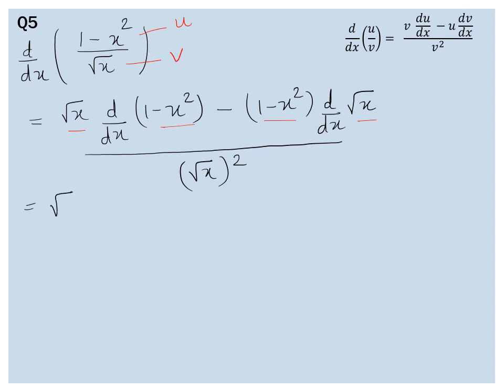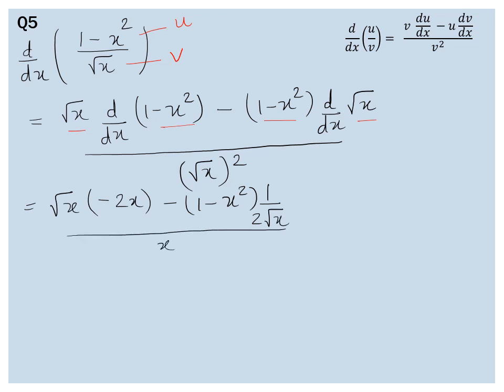Simplifying further, it is root x into derivative of 1 minus x square, which is 2x, minus 1 minus x square as it is, into derivative of root x, which is 1 upon 2 root x, and this whole divided by x, since root x whole square is x.